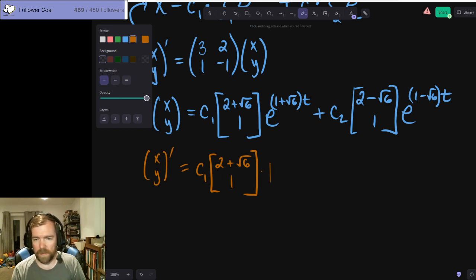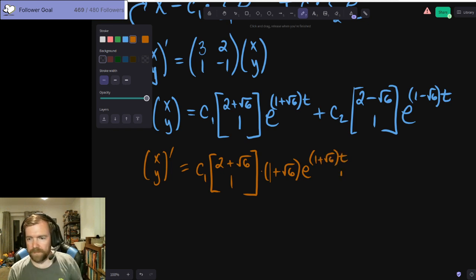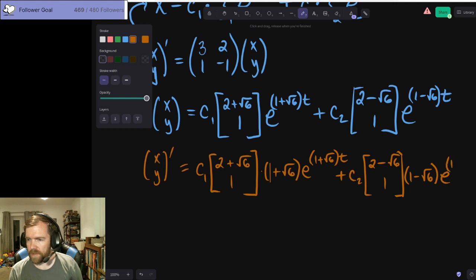So we get c1 times the eigenvector, multiplied by (1 plus root 6) times e to the (1 plus root 6)t, plus c2 times our eigenvector (2 minus root 6, 1), again multiplied by (1 minus root 6) times e to the same (1 minus root 6)t.